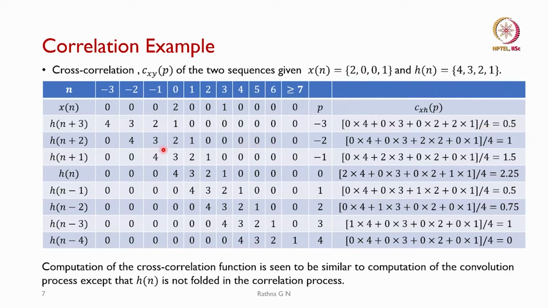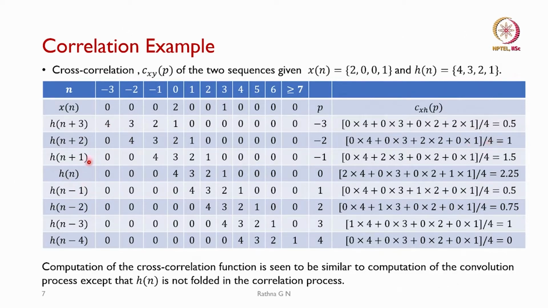In the same way, next is n plus 2. So, you will be shifting the h of n sequence right by one place, and then you will be computing your cross correlation here.